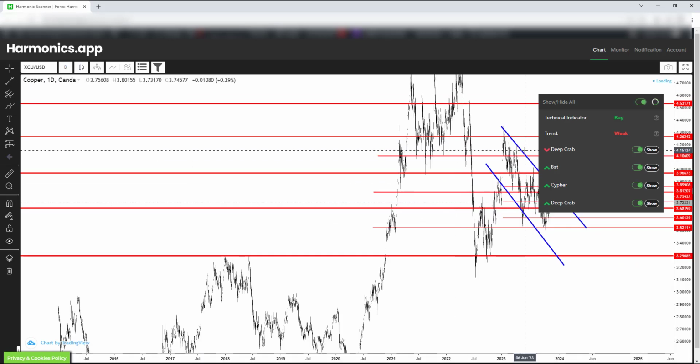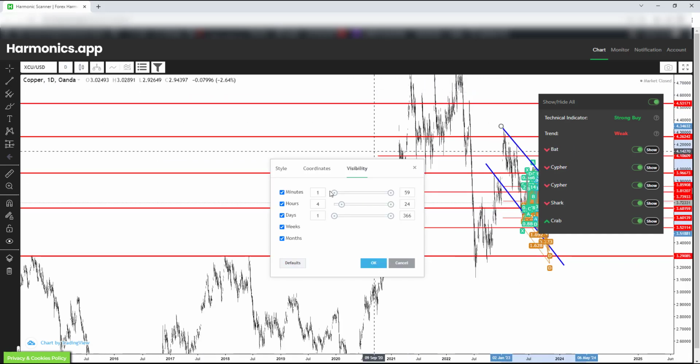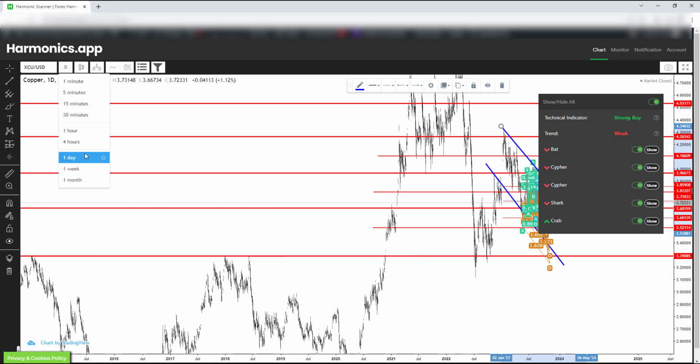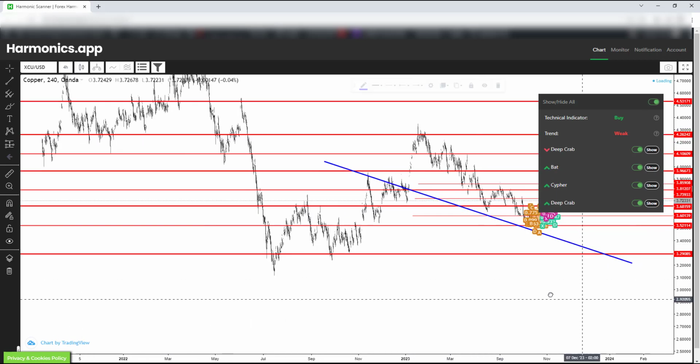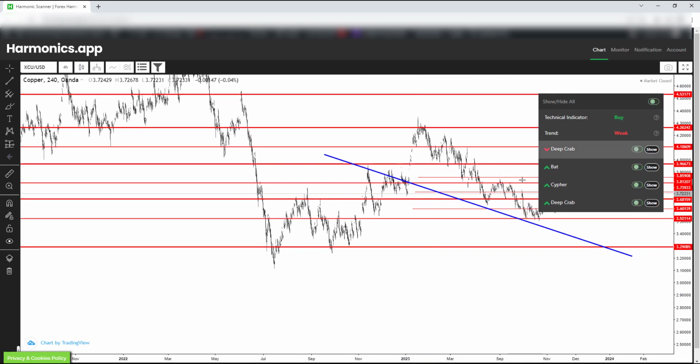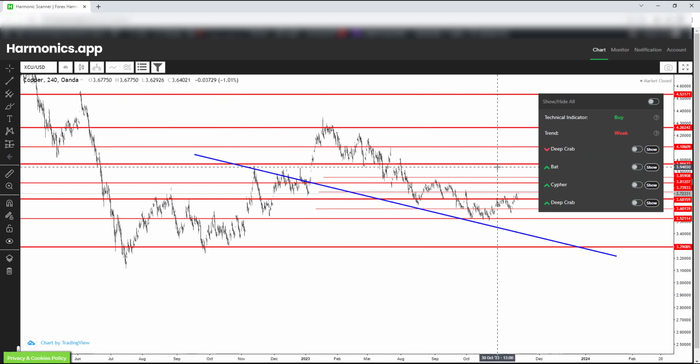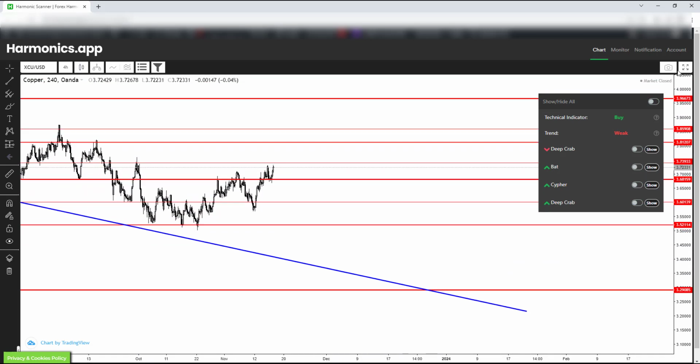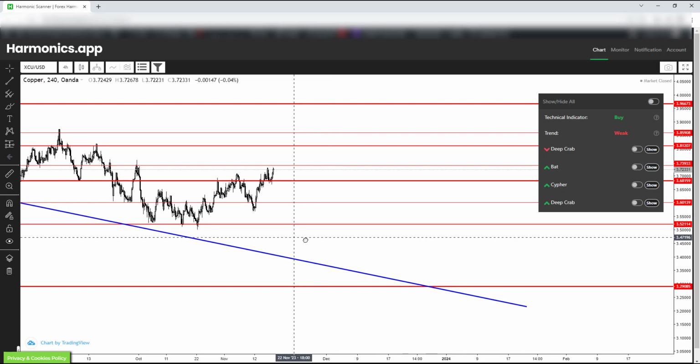Just a minute. It seems I did not change this one for the 4-hour time frame visibility. 4 hours. Yeah, it's okay. Strange, a small glitch. Okay, we can continue without that. It will show up a little bit later.